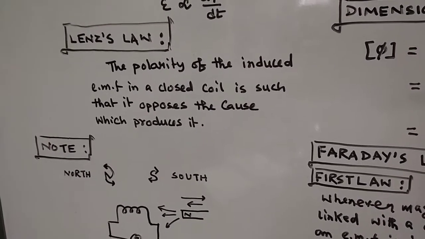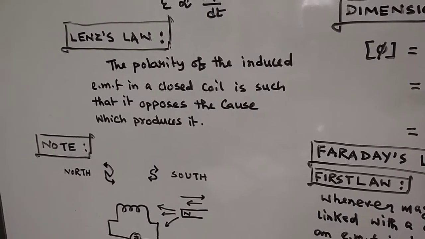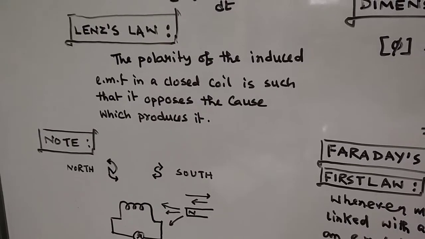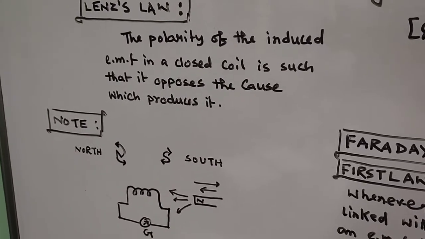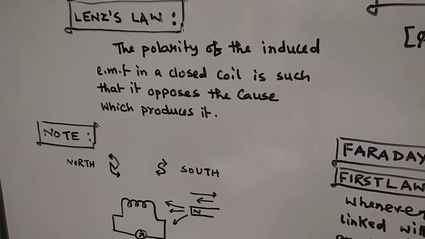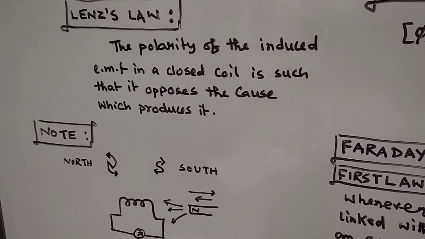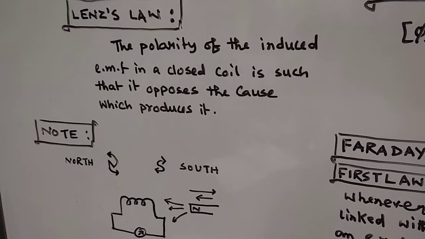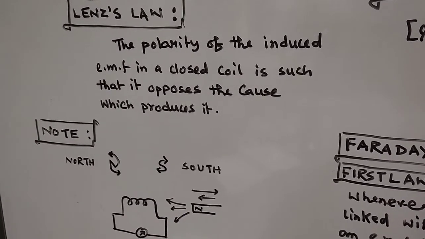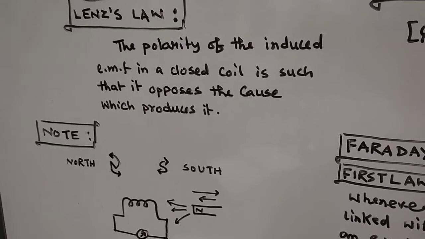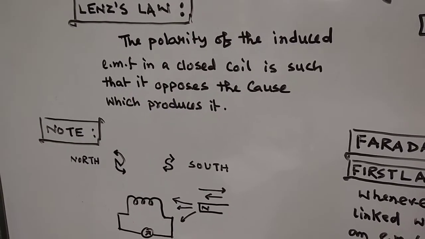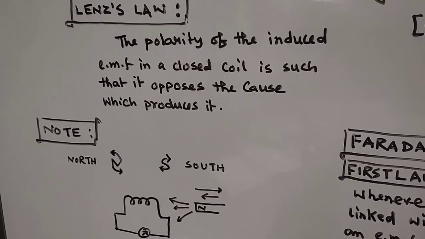If you bring the north pole towards the coil, the near face of the coil develops an induced current, and the direction of the induced current is anti-clockwise. Now if the near face of the coil develops an anti-clockwise current, then that face is a north pole as per the symbol we have written.